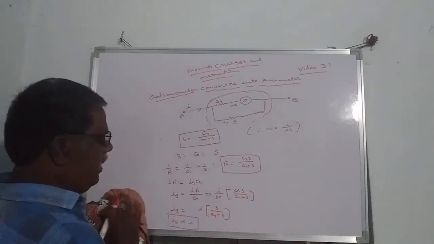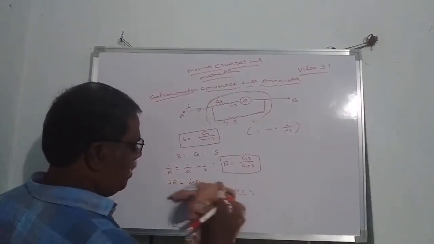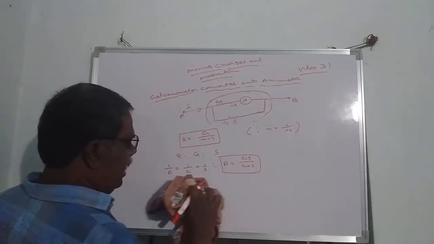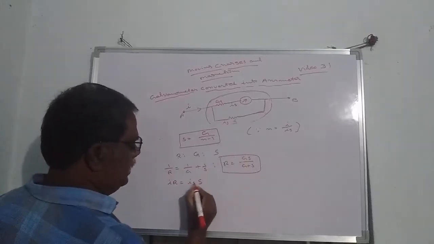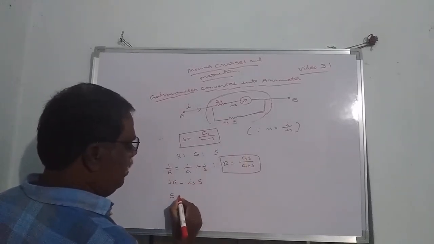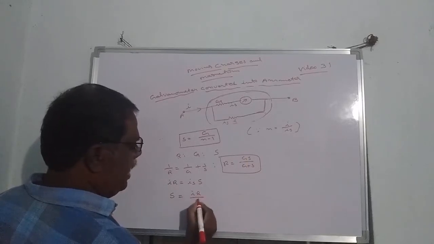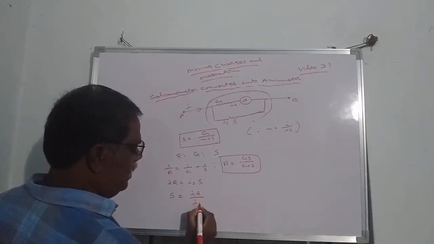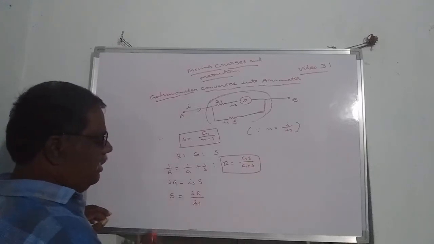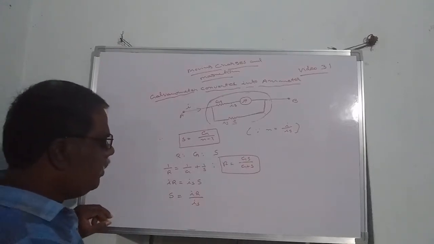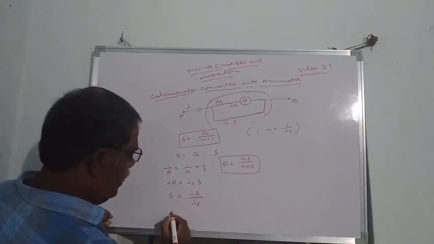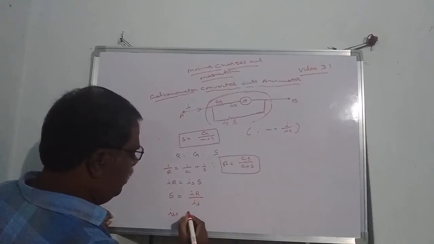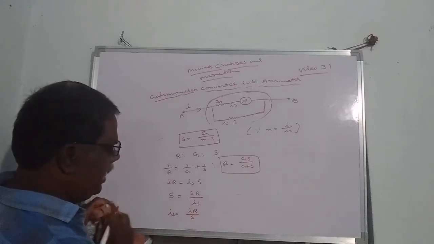Another equation. IR is equal to IsS, since this is also a parallel shunt resistance. Therefore the shunt current Is is equal to IR by S. This is for the shunt current.